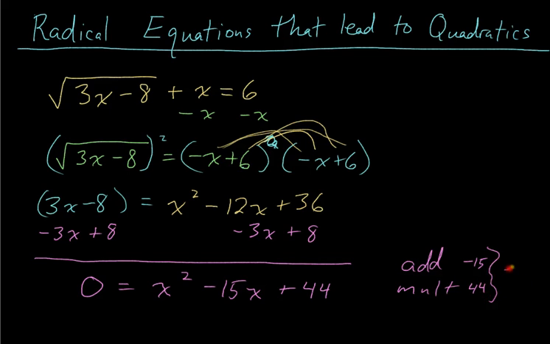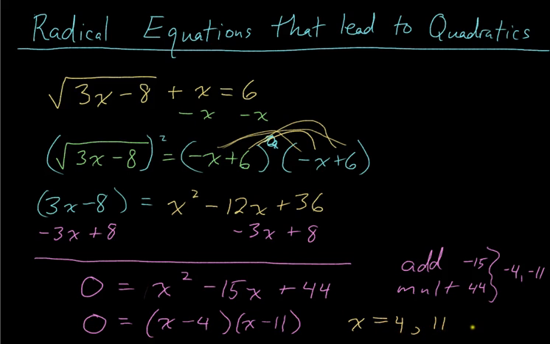Those two numbers would be negative 4 and negative 11. And since this just starts with a 1, I really don't have to do anything else. My two factors are going to be x minus 4 and x minus 11. And again, when two things multiply and the answer is 0, one of them has to already be 0. So we get x equals 4 if the first one's 0, or x equals 11.